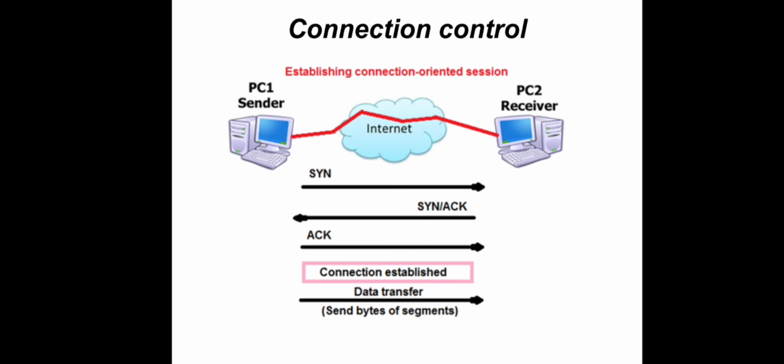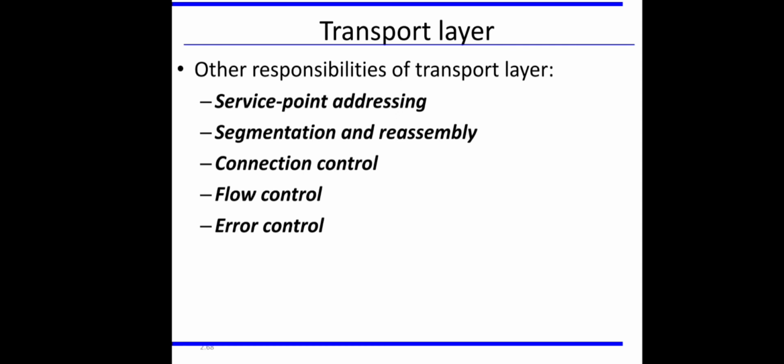In that case, the transport layer is responsible for controlling this connection, flow control and error control. Flow control is needed if the sender and receiver, or the channel and the machines, are of different speeds of processing the data. In that case, there can be a speed mismatch and the data may be lost.